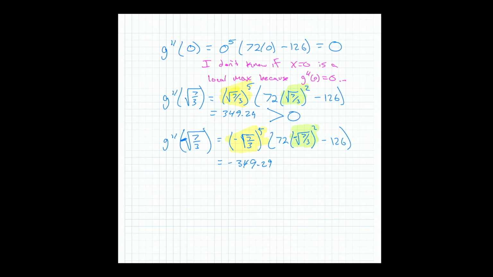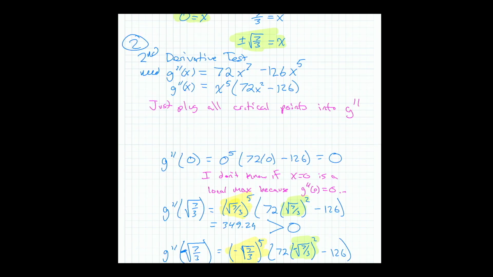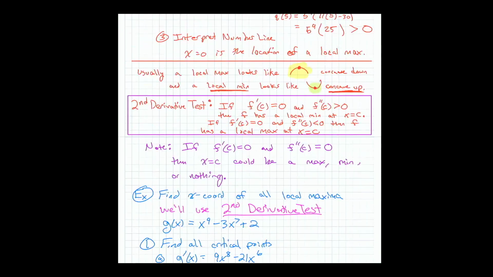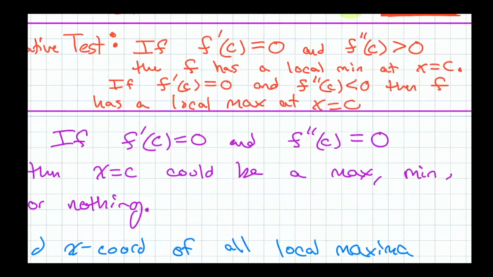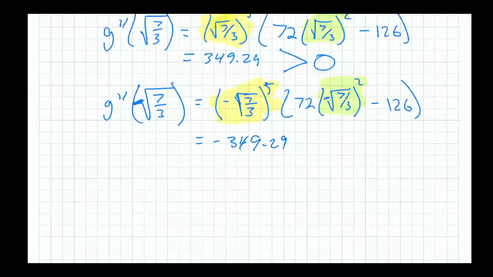So this is what we got. And what I can say for sure here is that one of those is a maximum. So which one's the maximum? We're looking for a negative second derivative for a local max. Negative second derivative means maximum on the second derivative test.